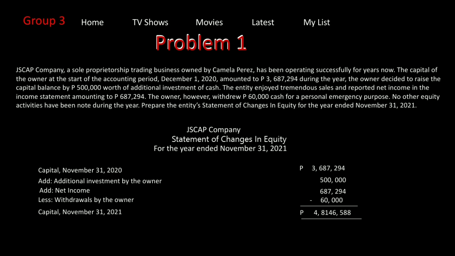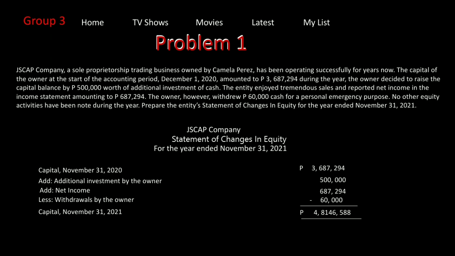The entity enjoyed previous sales and reported net income in the income statement amounting to 687,294. The owner, however, withdrew 60,000 cash for a personal emergency purpose. No other equity activities have been noted during the year. Prepare the entity's statement of changes in equity for the year ended November 31, 2021.